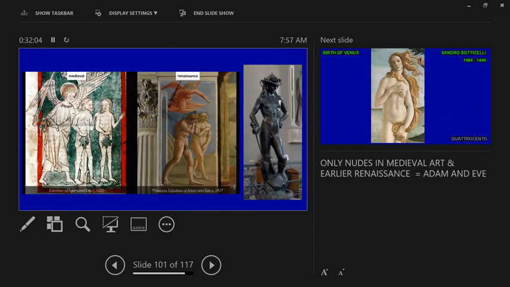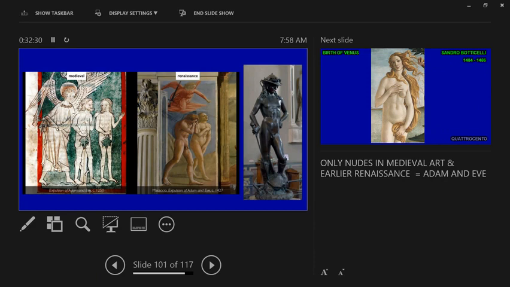And so this is the first female nude since antiquity, and that causes a problem. Male nudes are okay, but female nudes are not really okay. And the only female nude that's been allowed in the medieval era and so far in the Renaissance is Adam and Eve. The Eve of Adam and Eve is allowed to be nude because that's part of the story.